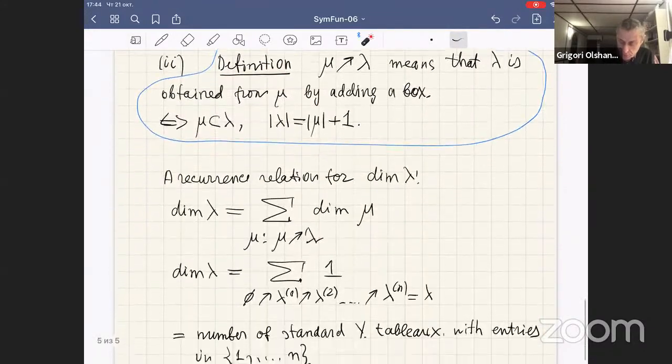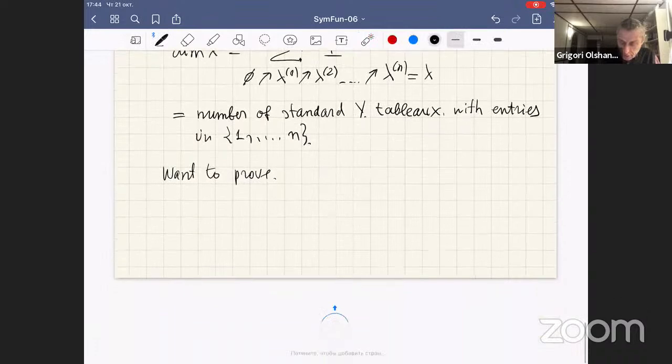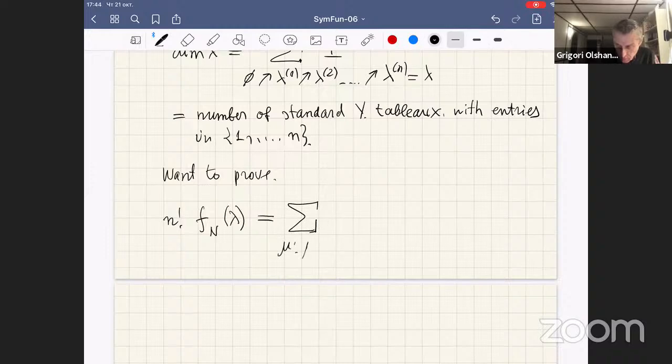So I want to prove now that we have the following fact: n factorial times this quantity for lambda is equal to the sum of the corresponding quantities for mu. So this is what we want to prove.